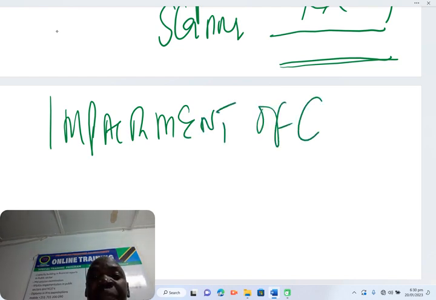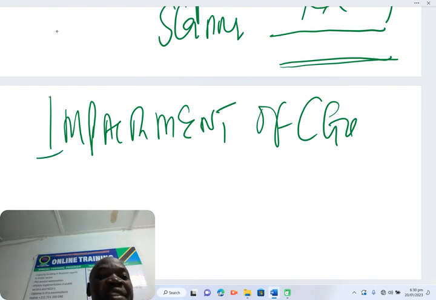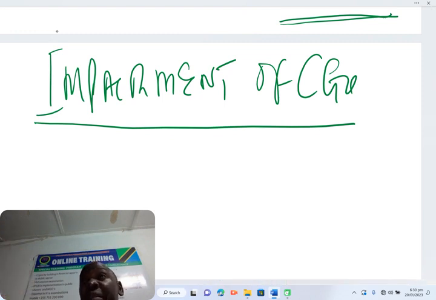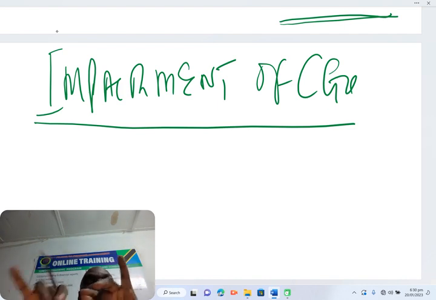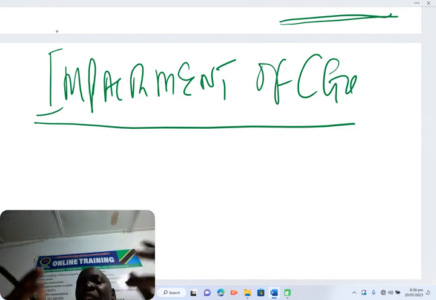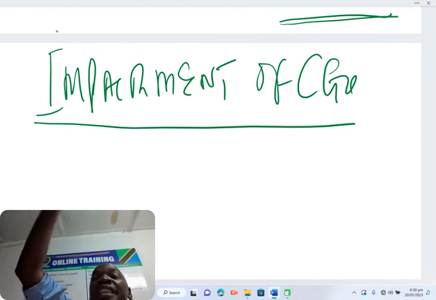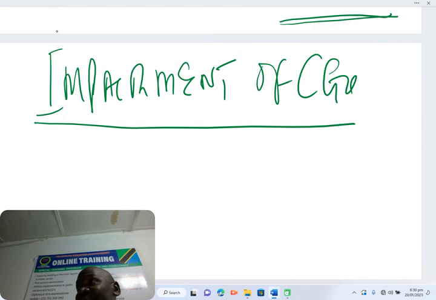Impairment of CGU in the public sector. We are saying it's not possible to see that the unit is not working; in practice, you have to test a single asset to see which asset, which portion. But so far, you must start first with the carrying amount of the CGU.